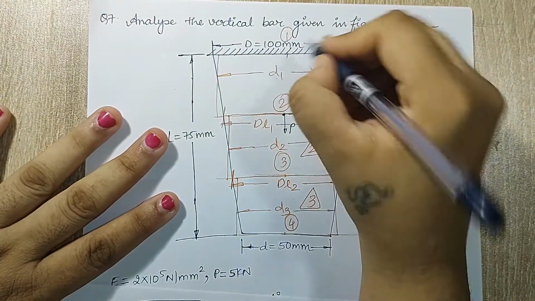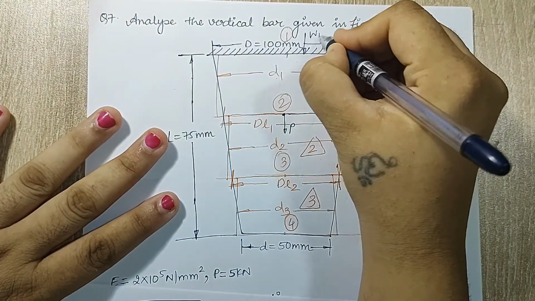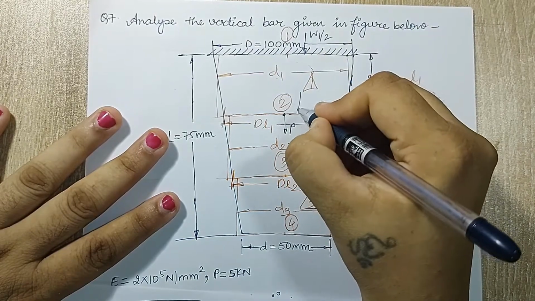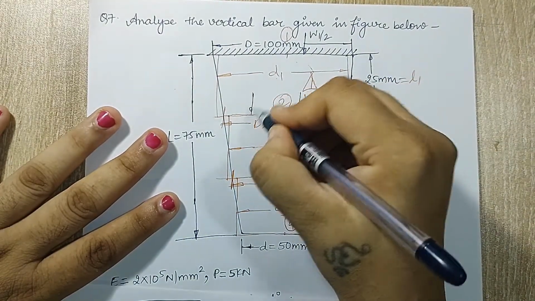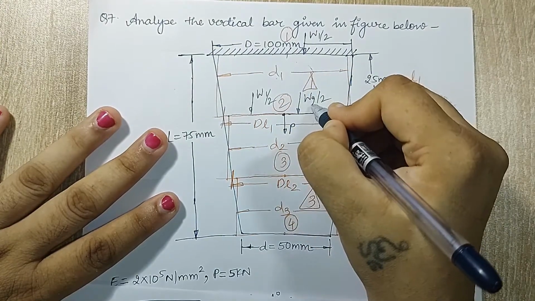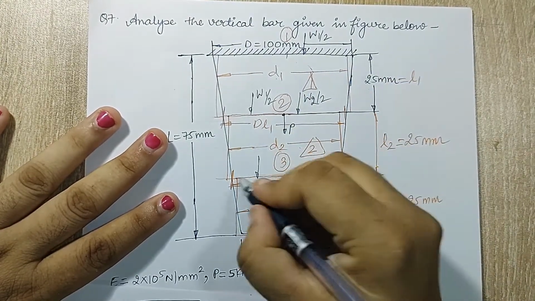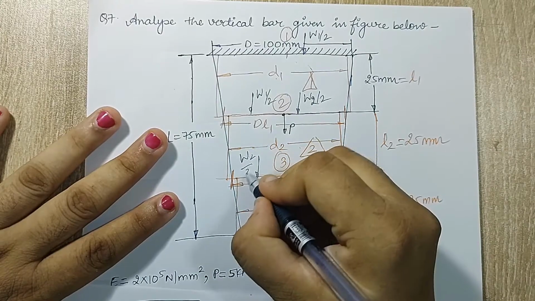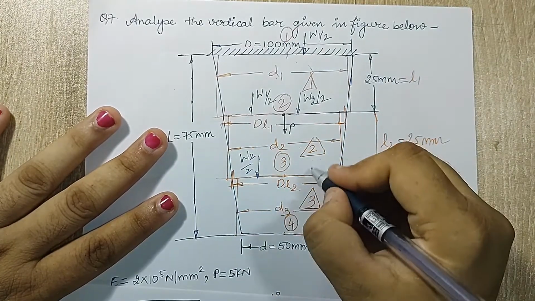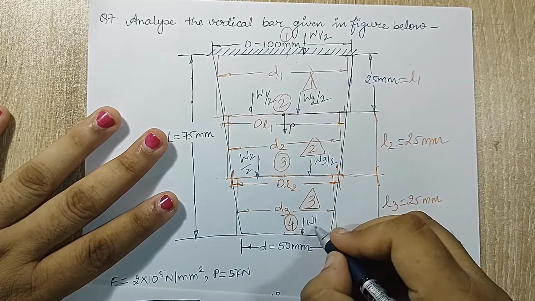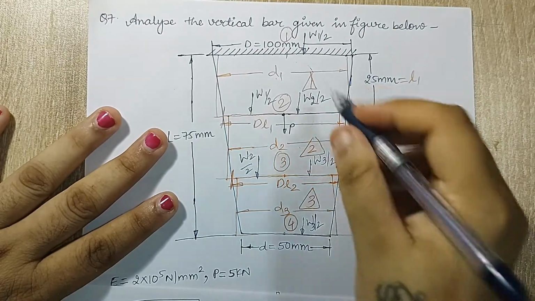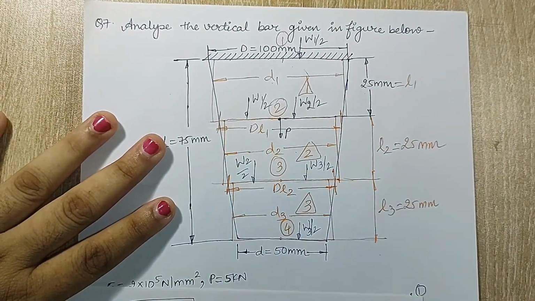It will be adjusted half at this point and half over here. For W2, again I will have half at this point and half by this edge. Same way, W3 is resisted half here and half by this edge. So this is how it is going to be resisted.